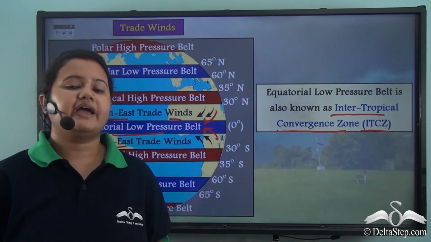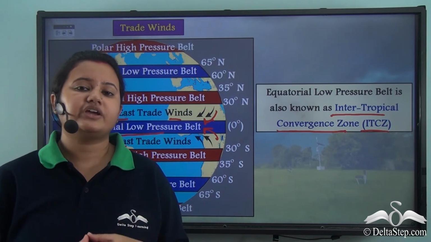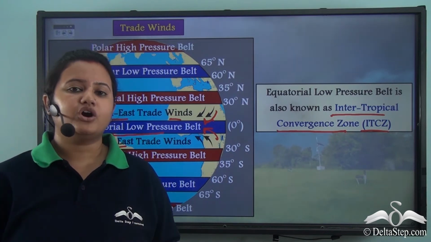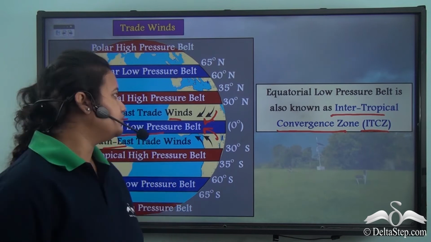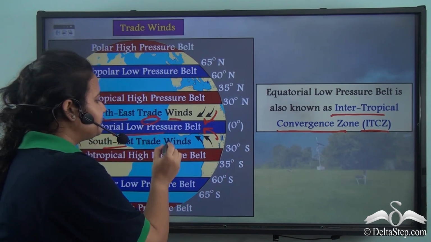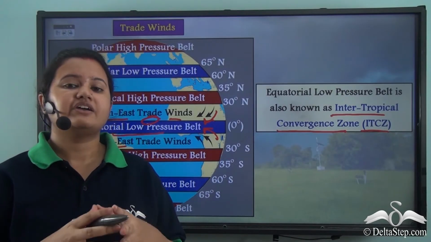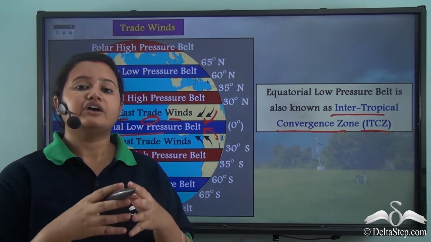Now, because these trade winds also flow over water bodies, they result in storms and rainfall.